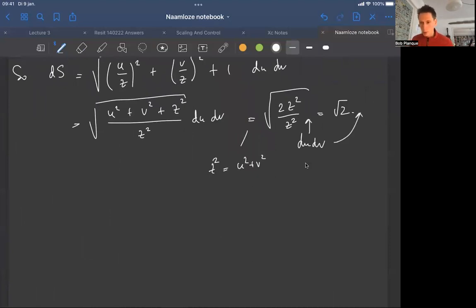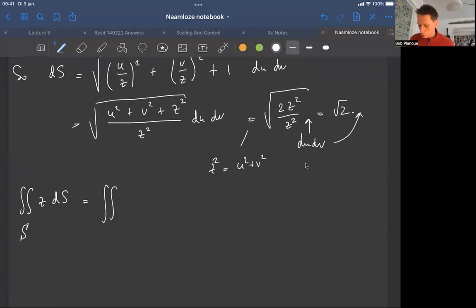So now we've done all the preliminary work and we can actually do our computation. So now this integral that we want to compute of z dS equals, we have to write everything in terms of u and v.